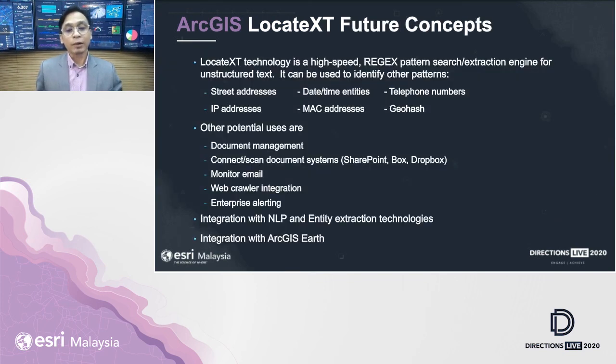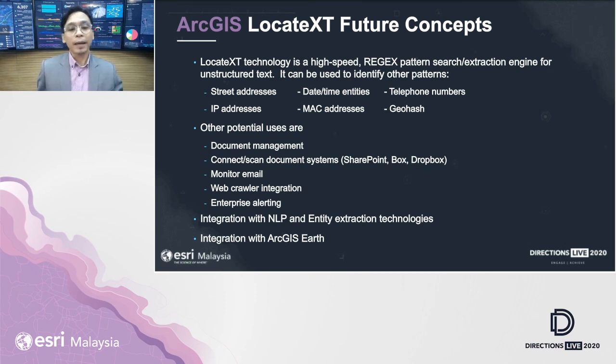Coming up next, LocateXT is able to perform high-speed search or extraction of detailed information, on general information like street address, date, time, telephone number, and not limited to technical information like IP address and many more listed here.